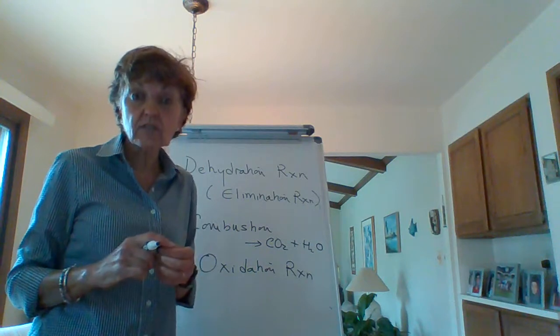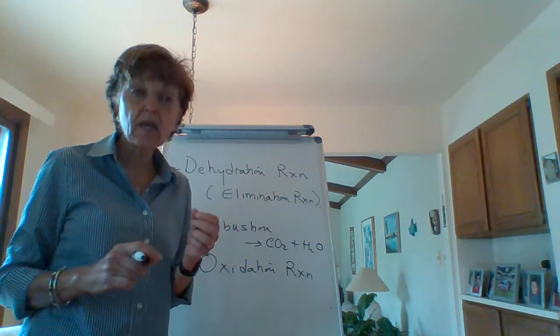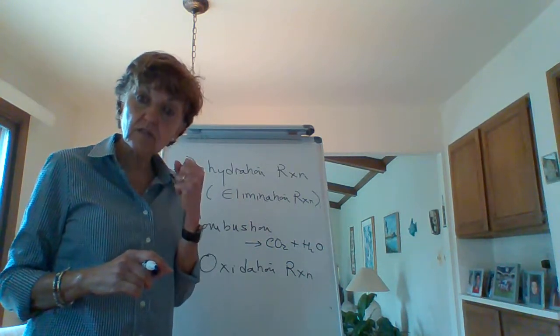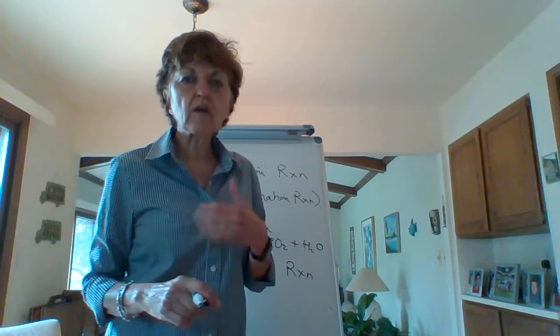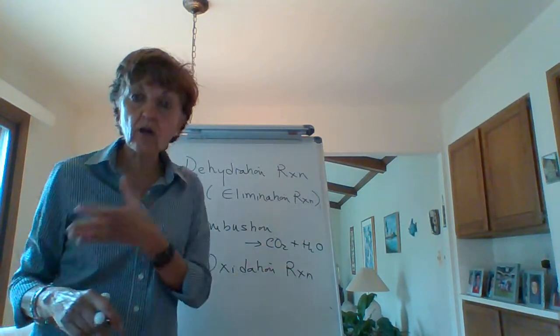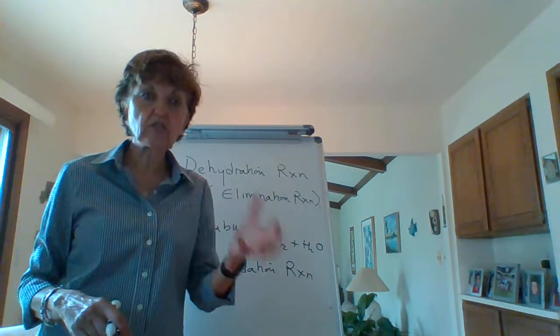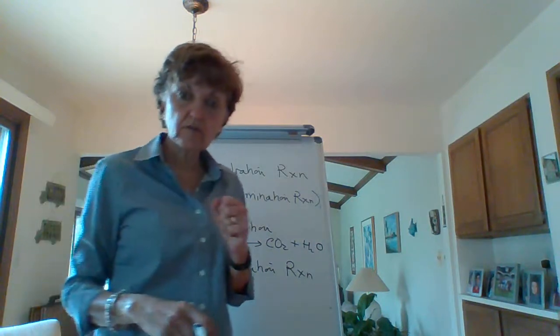Oxidation reactions are reactions with an oxidizing agent. And what you're going to be doing is removing hydrogens when you oxidize. Remember in intro chem, we said oxidation is basically the loss of electrons. Well, in organic, you find that with oxidation, it's also the removal of hydrogen atoms. And you'll see that.